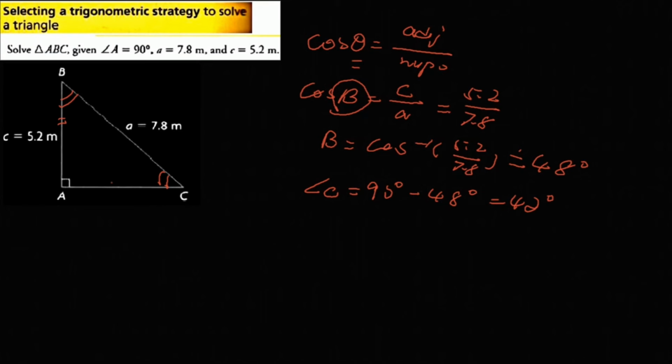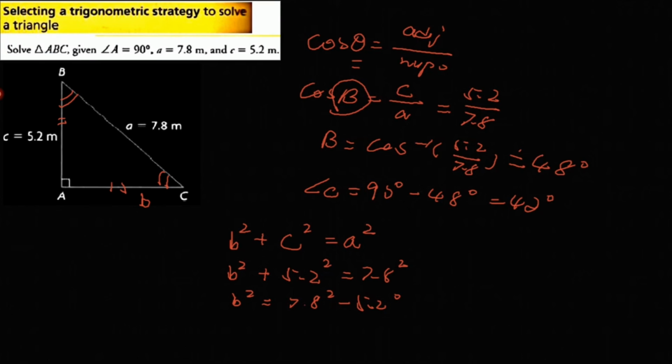Next we determine the length of AC. Let AC equal b. According to the Pythagorean theorem, b squared plus c squared equals a squared. We don't know b, and c squared is 5.2 squared, which equals 7.8 squared. So b squared equals 7.8 squared minus 5.2 squared. 7.8 squared is 60.84, and 5.2 squared is 27.04, so b squared equals 33.8.